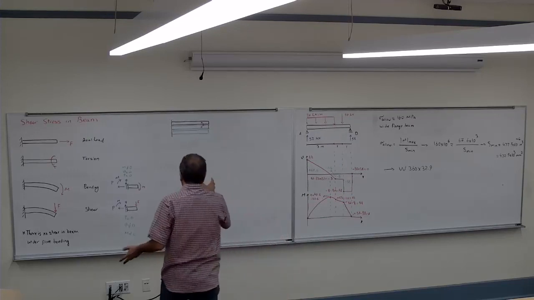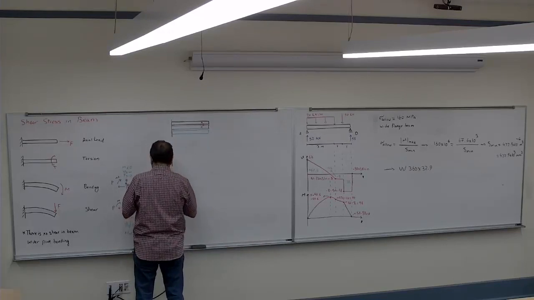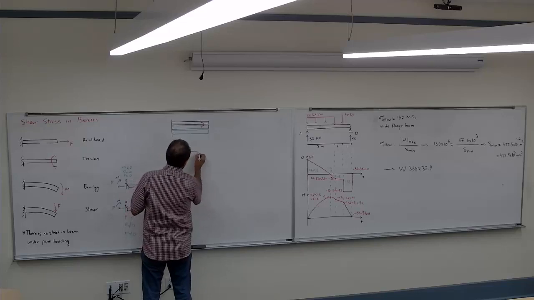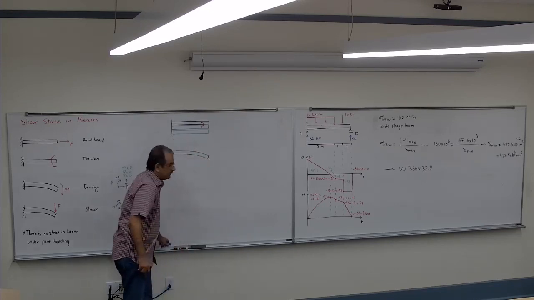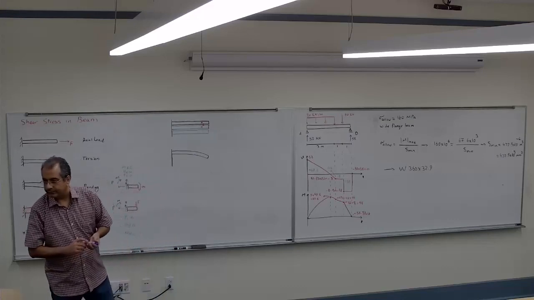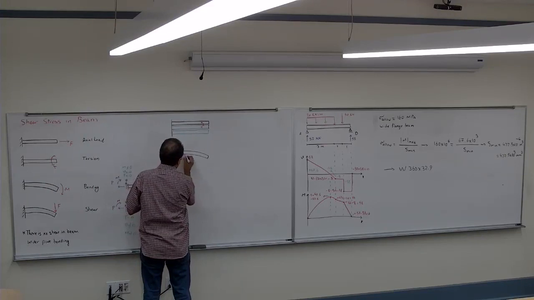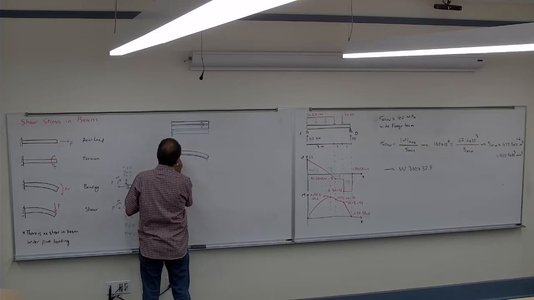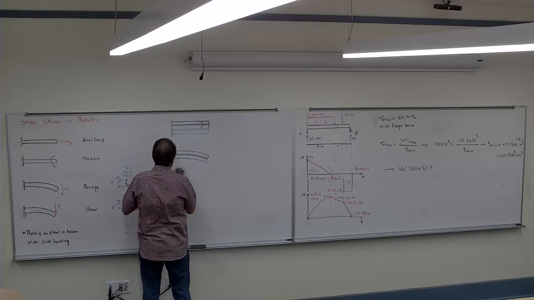So if I purely bend them, what would happen is that these three would go, the first one will go like this, and then the second one will go like this, and the third one will go like this.